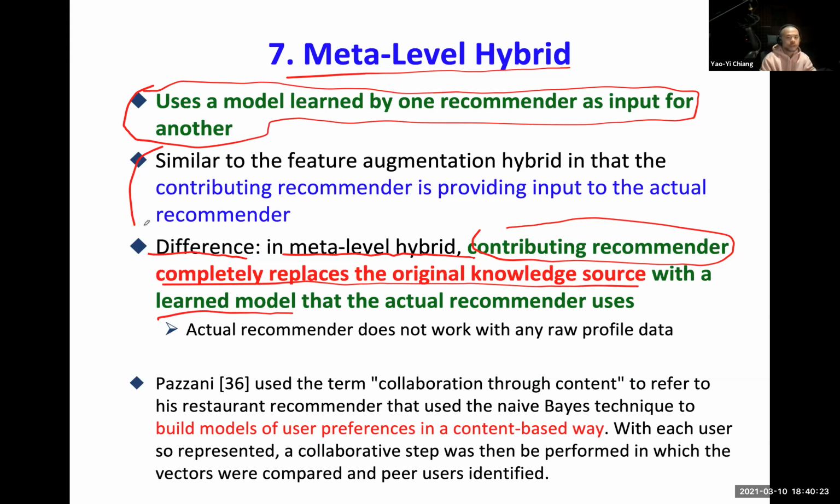And what does this mean? A very simple example. Let's say you are building a recommendation system and you have a very cool machine learning model. Let's just call it ML.